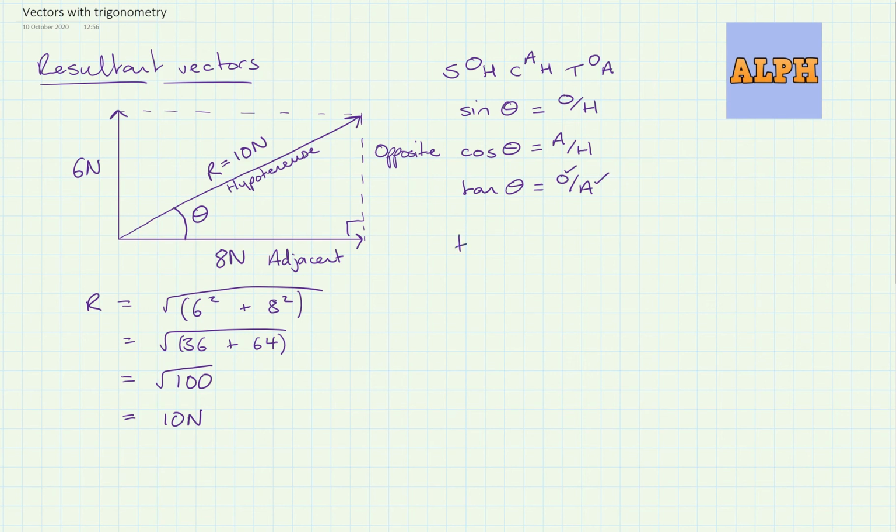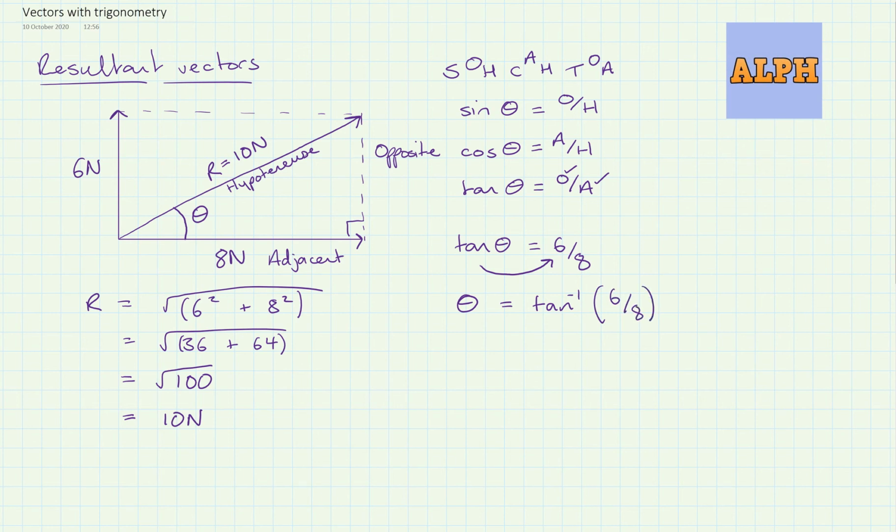So for us, tan theta equals opposite, which is 6, over the adjacent, which is 8. And if I want to move tan to the other side to get theta on its own, when we move things to the other side, we have to do the inverse. So the inverse of tan is tan minus 1 on your calculator, and that's going to be of 6 over 8.